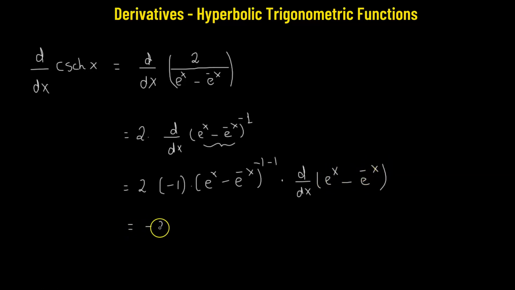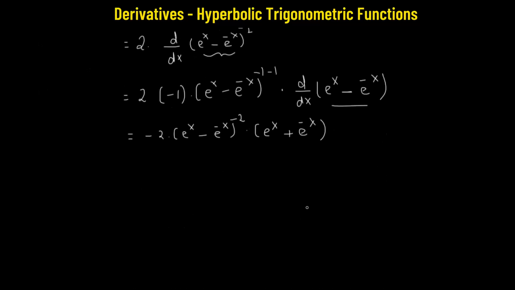So this is negative 2 times e raised to the power of x minus e raised to the power of negative x raised to the power of negative 2, times the derivative of this particular function, which will be e raised to the power of x plus e raised to the power of negative x. So positive is coming because we have e raised to the power of negative x. So there will be a minus 1 coming out as a result of the chain rule, which gets multiplied to this negative to become positive.